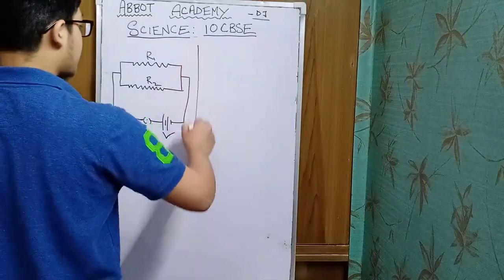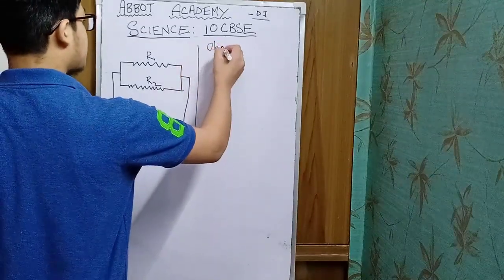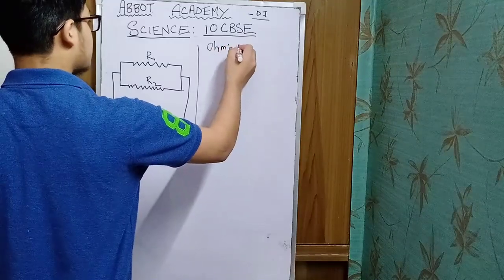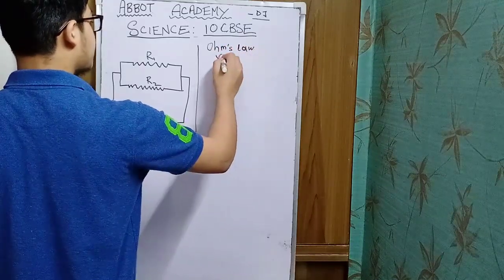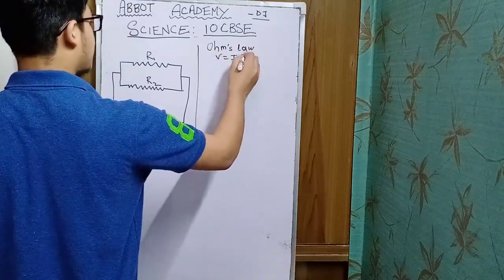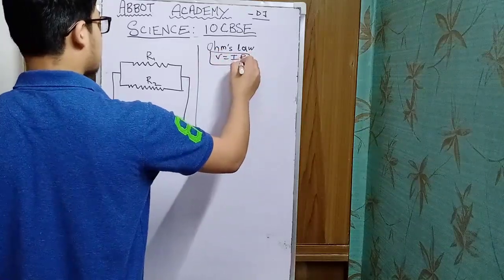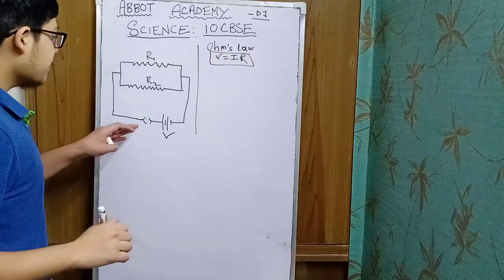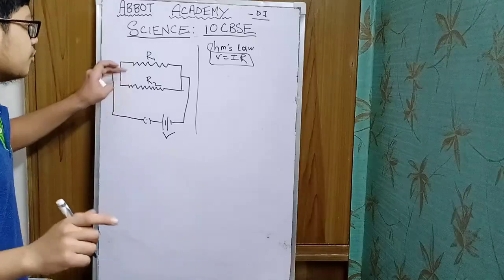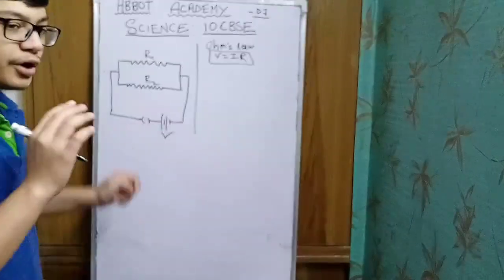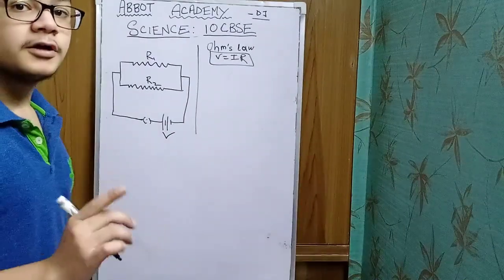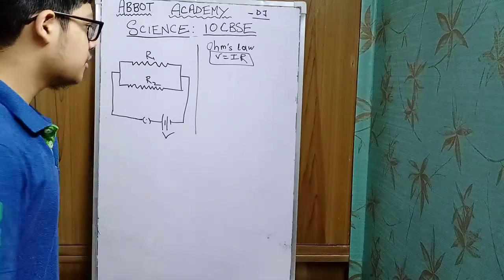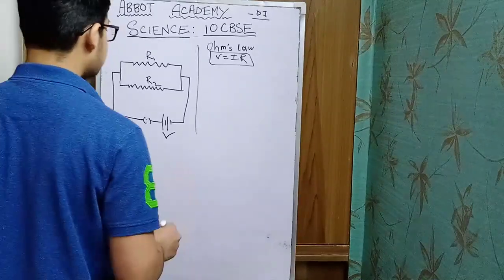So again, according to Ohm's law, V is equal to IR. Now I told you that in a parallel arrangement the potential difference remains the same, but the current varies.